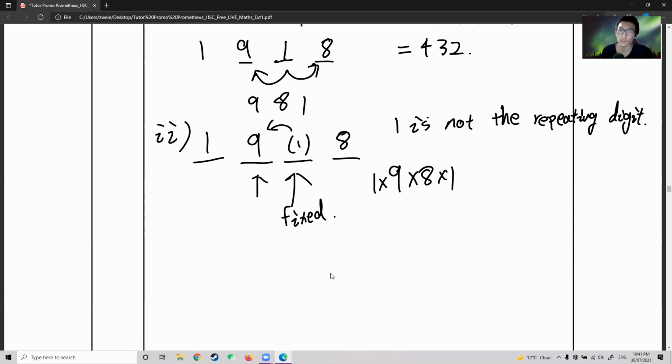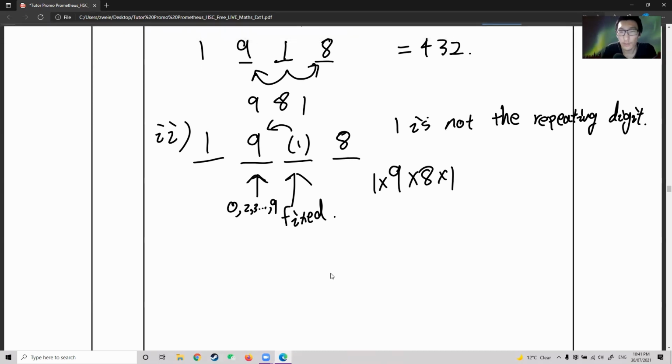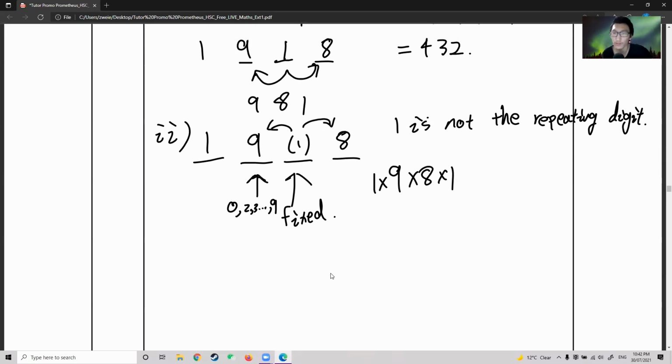However, it can repeat my 9-choice digit, where I have 9 options left, which is 0, 2, 3, all the way till 9, or it can repeat these 8 digits, which means I need to times it by 2. It can repeat either one.